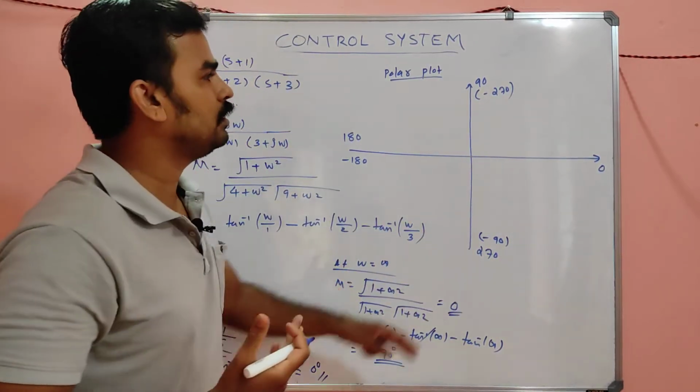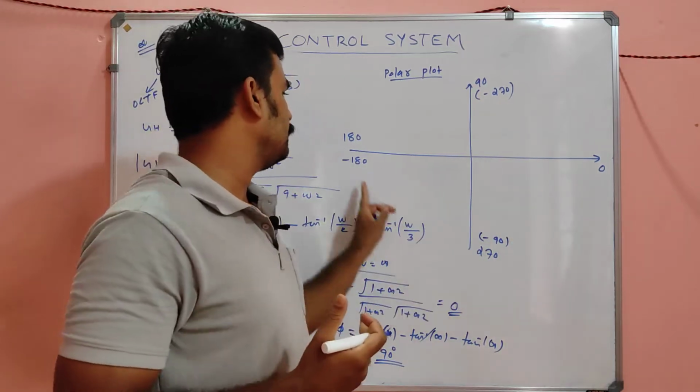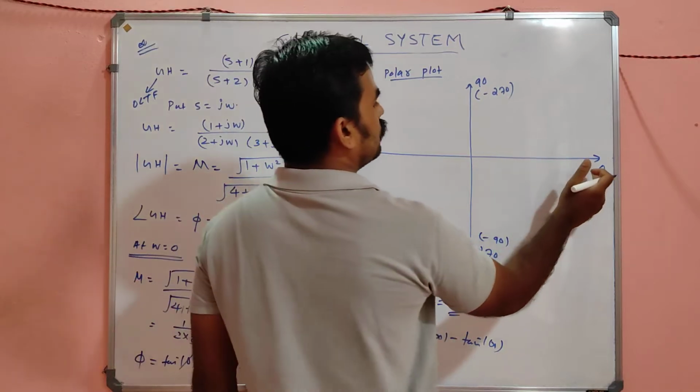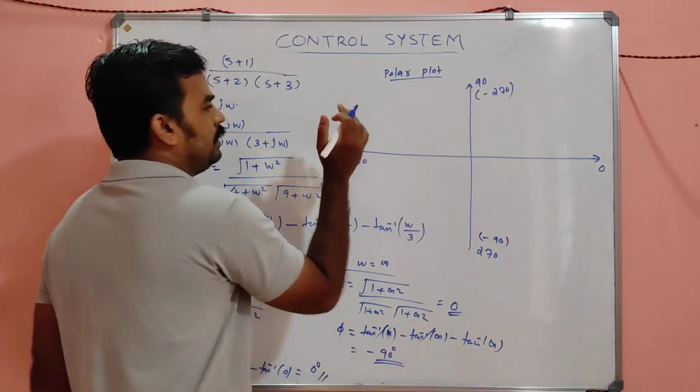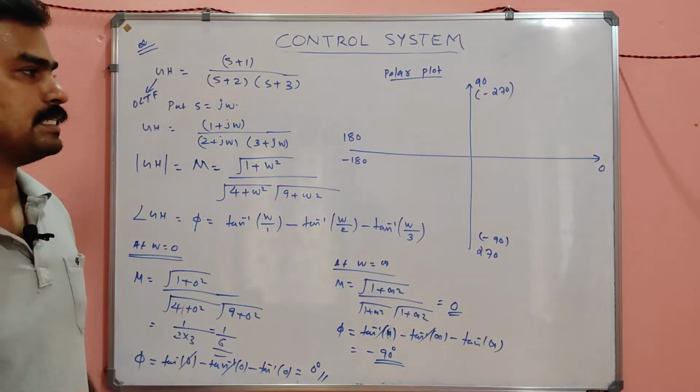Both are the same. In anti-clockwise it is 0, 90 in this manner; in clockwise it is 0, minus 90 in this manner. So this is the angle axis: 0 or 360, 90 or minus 270, 180 or minus 180, 270 or minus 90.